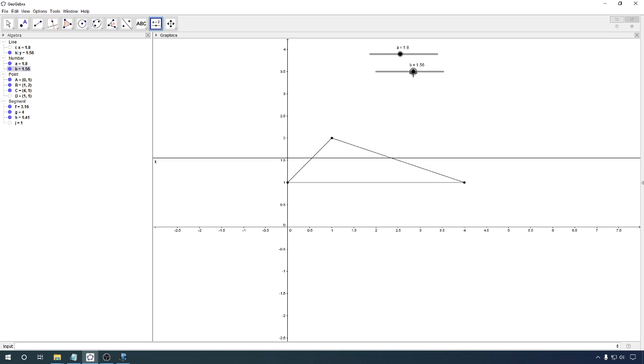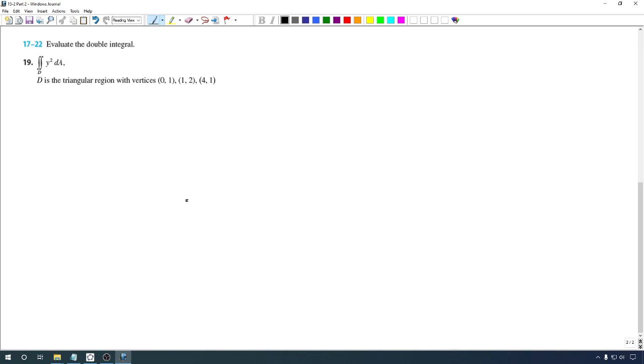So this actually turns out to be a very nice type 2 region, where we have to deal with what these line segments are. I'll leave it up to you to determine what those line segments are. That's just an algebra problem.